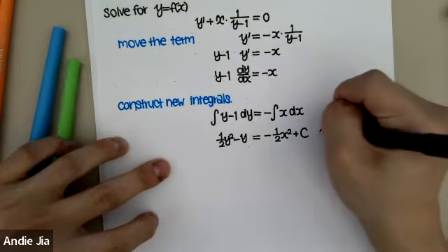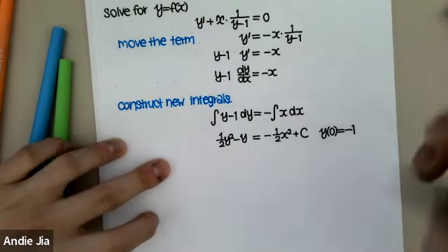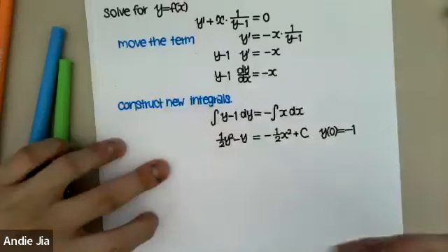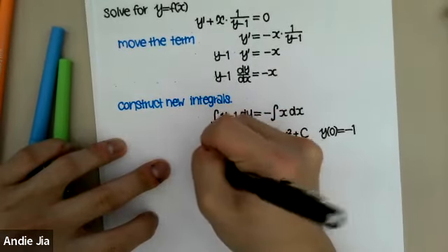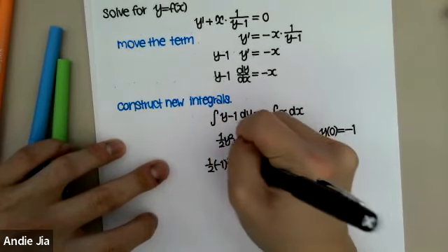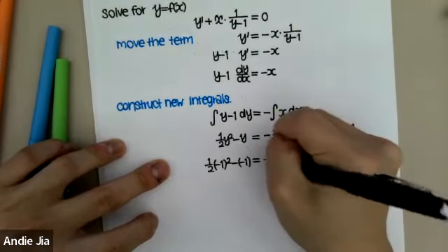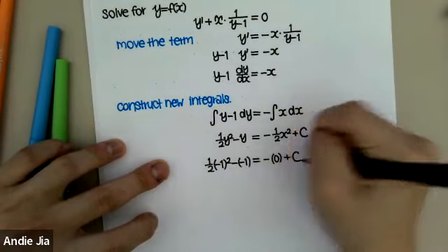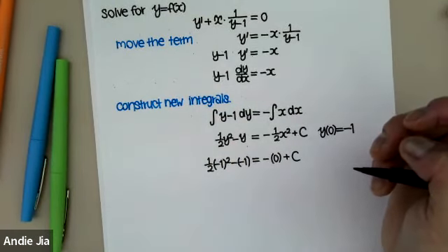So the initial condition is y(0) equal to negative 1. So it's going to be 1/2 times (negative 1) squared minus (negative 1), which is going to be 0 plus the constant of integration.